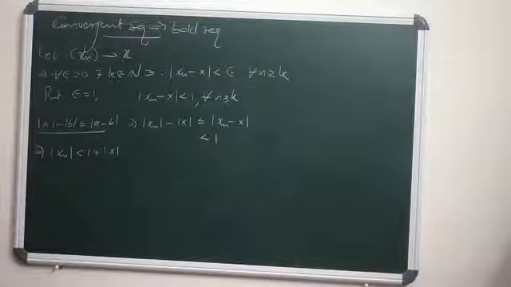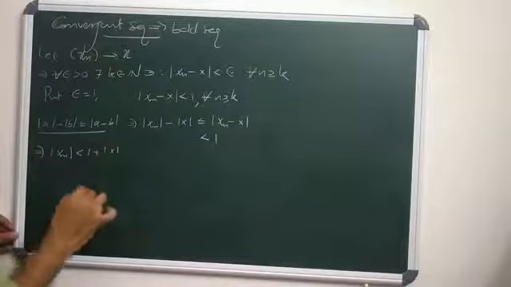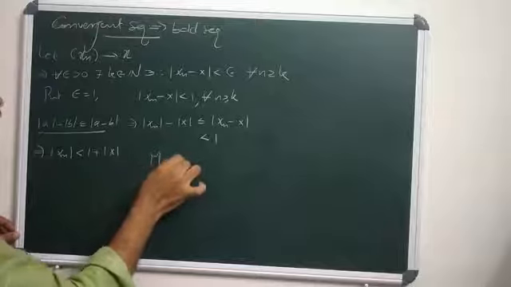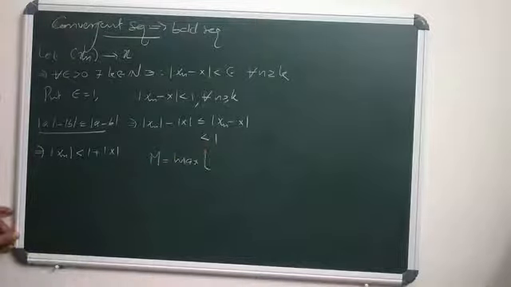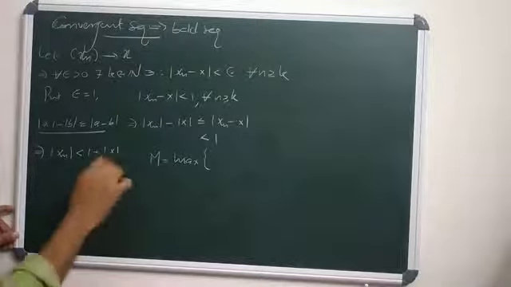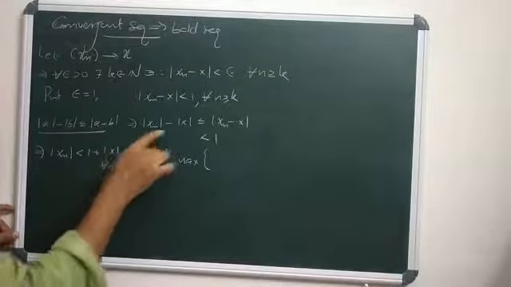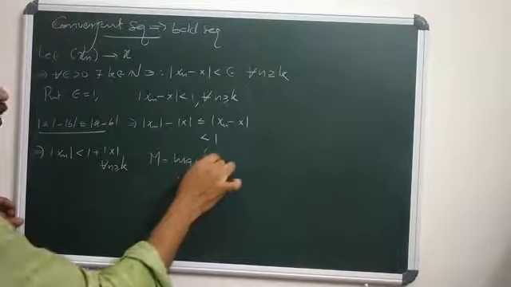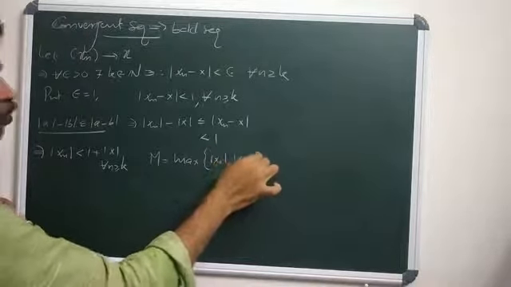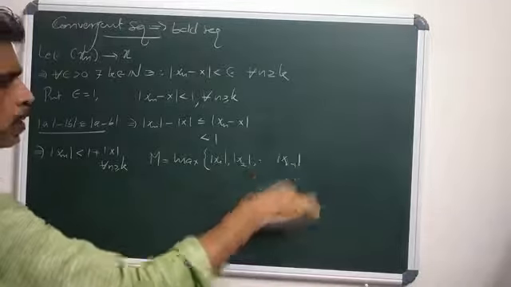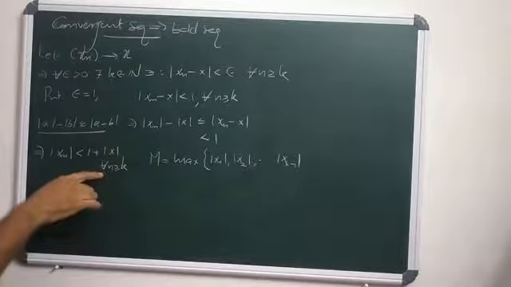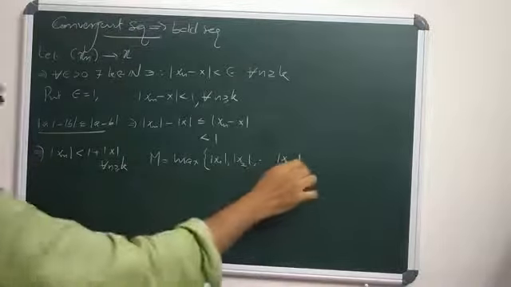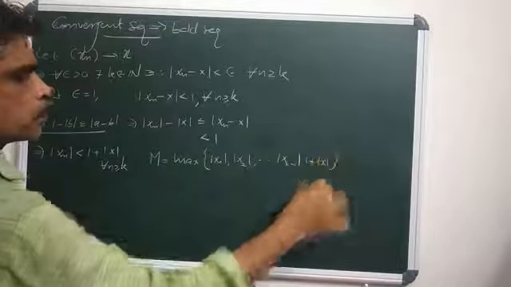Then put m equals the maximum of mod x_1, mod x_2, etc., mod x_(k-1), and 1 plus mod x. This is true for every n greater than or equal to k.